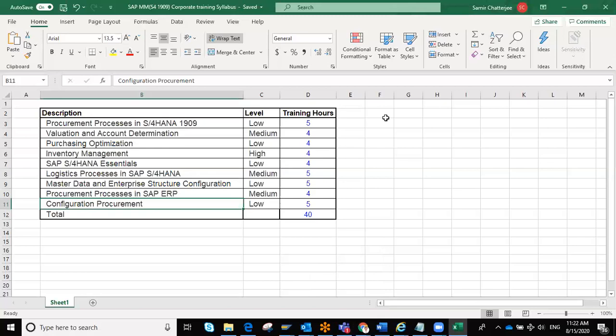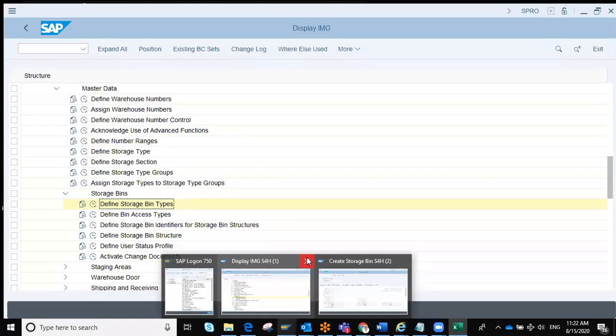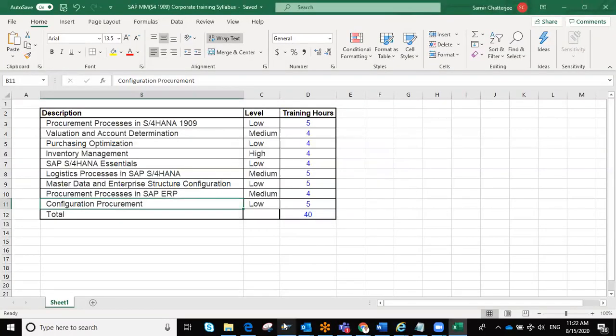We already know it is available in ECC, but we shall discuss it in a new model called S4HANA 1909, the latest version on premise. So this is the S4HANA system we should log in to.